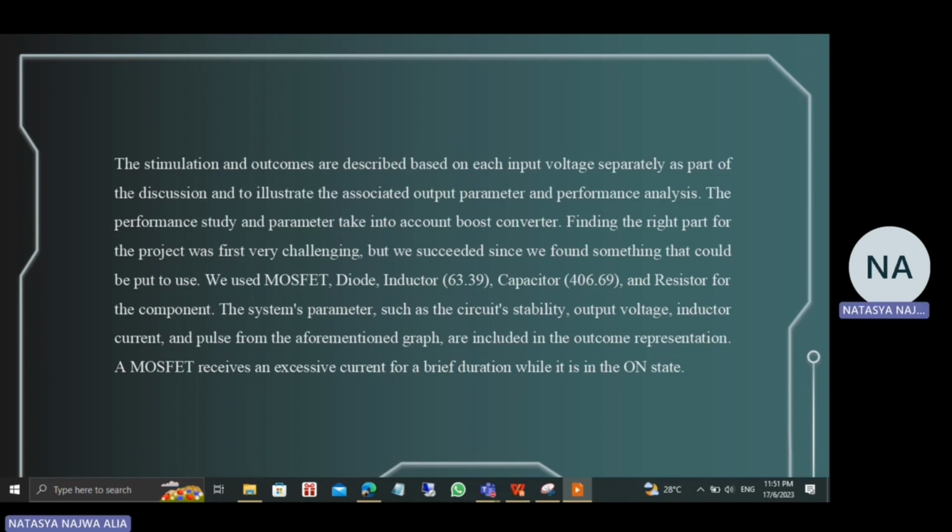The system parameters such as the circuit stability, output voltage, inductor current, and pulse from the aforementioned graph are included in the output representation. A MOSFET receives an excessive current for a brief duration while it is in the on state.